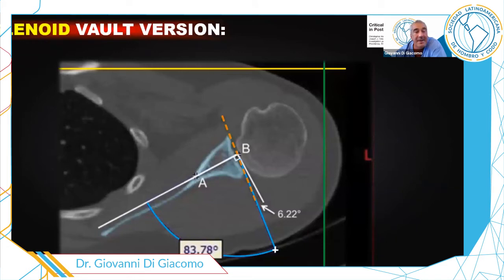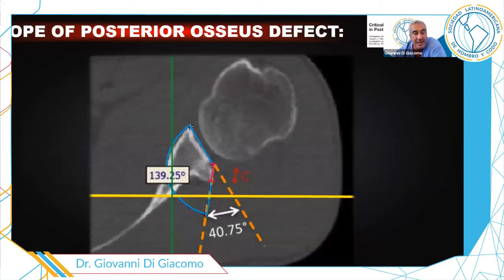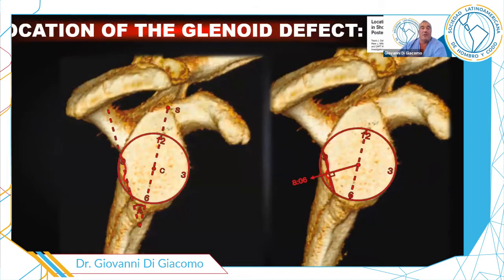I think it is very important to keep in mind that when we speak about anterior and posterior instability, there is, of course, bone loss on the glenoid, but there is a very clear difference between posterior instability and anterior instability.